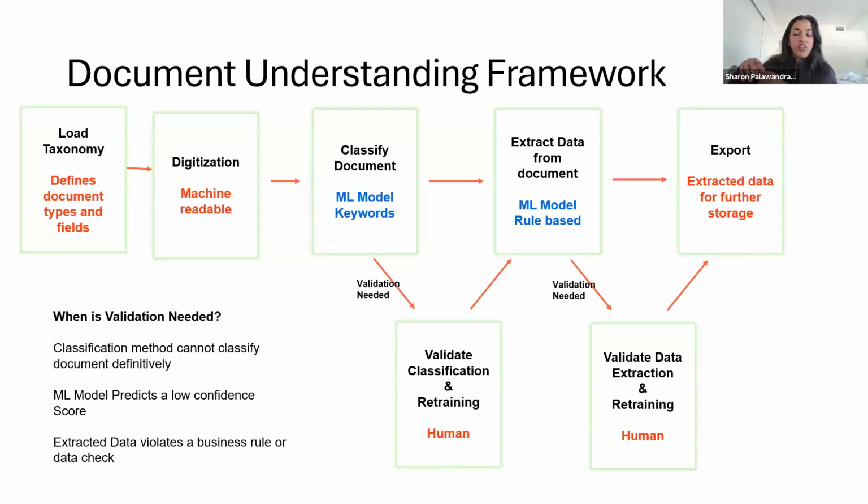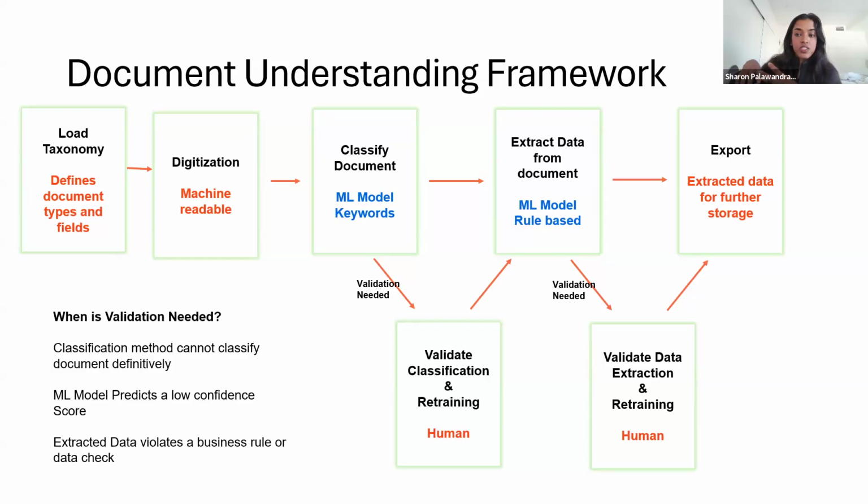Now, if you have a customized document that is very unique, let's say like labels or incoming waybills, which you really need to customize the fields, you can use the out-of-the-box document understanding ML model to customize and create your own machine learning model.